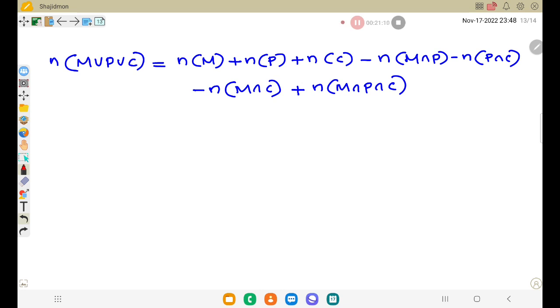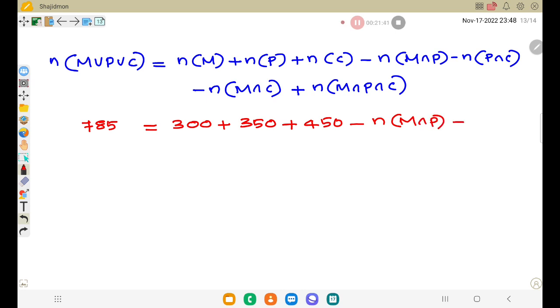For example, the number of M union P union C, all union, the total students, is how many? 785 equals the number of mathematics students 300, plus the number of physics students 350, plus the number of computer science students 450, minus the number of M intersection P, which is what we need to calculate, minus the number of P intersection C, physics and computer science, 75, minus the number of math intersection computer science, 150, plus the all-course intersection, 10.